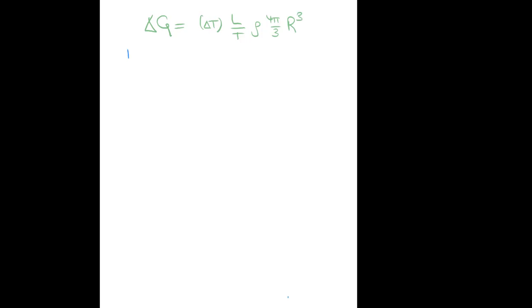Since free energies are sort of Boltzmann factors, that probability is simply e to the minus delta G over k Boltzmann T. So what is the sign now?